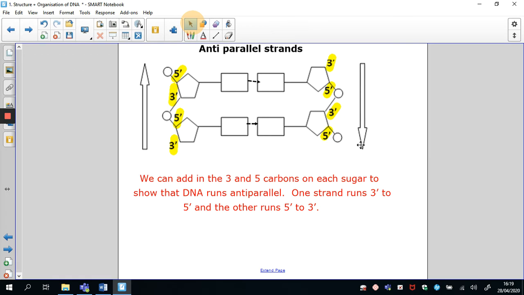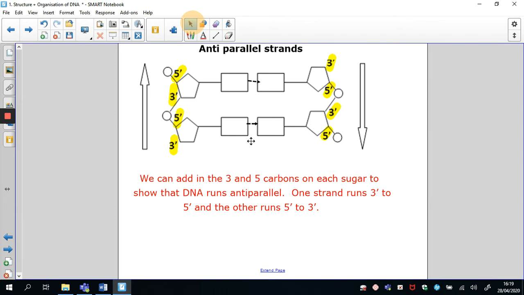And if we draw our arrows going from the 3 to the 5 direction, that arrow's pointing down, and that arrow's pointing up. That's just another way of explaining why they're called anti-parallel. If we number the carbons, we can see that they're going in opposite directions. Now, this 3 and 5 bit becomes really important when we do our next topic.